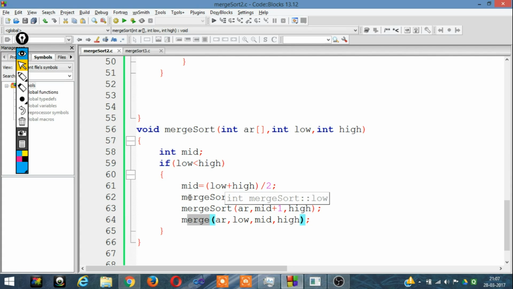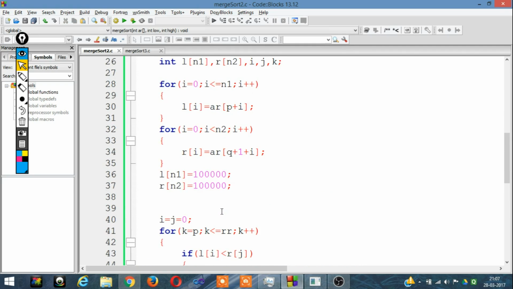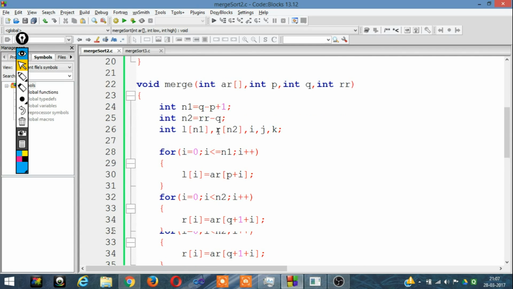Sometime back I explained how merge sort recursively sorts the array. Now I'm going to explain what the merge function does. The merge function accepts an array as a parameter, and then p, q, r. P means low, q means mid, and r means high.